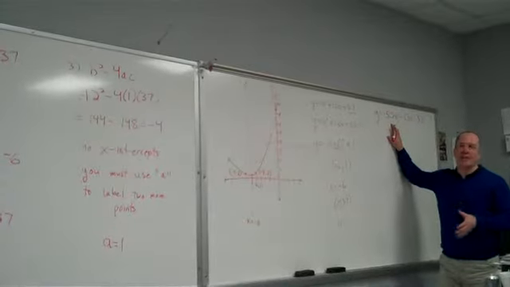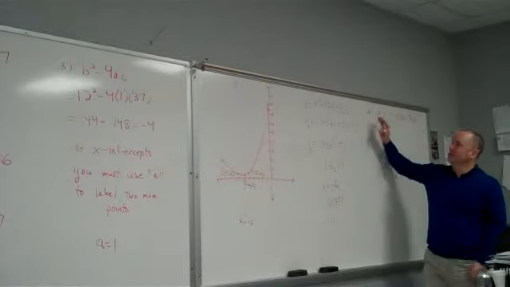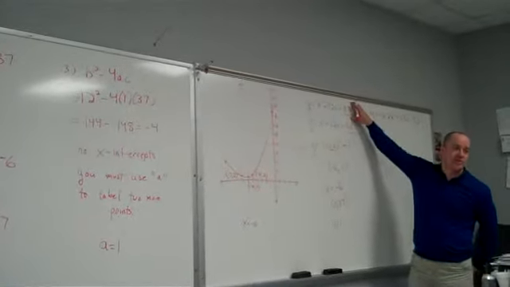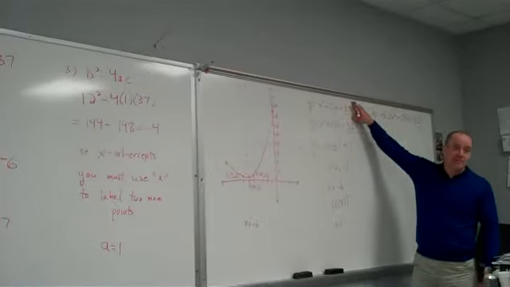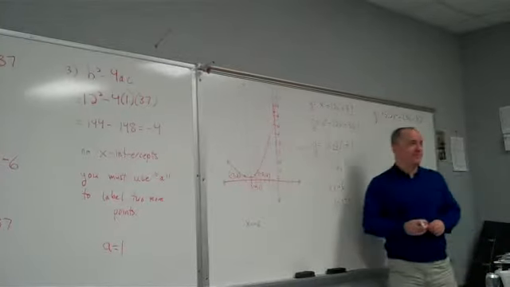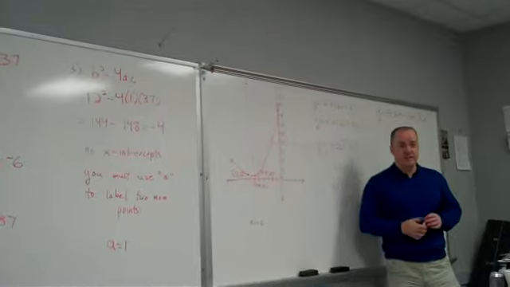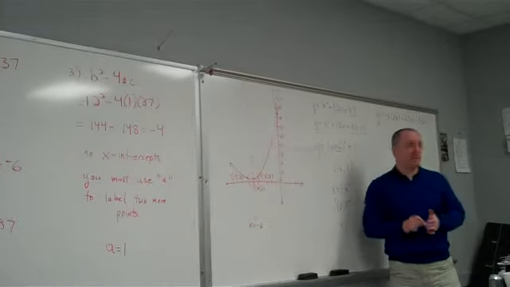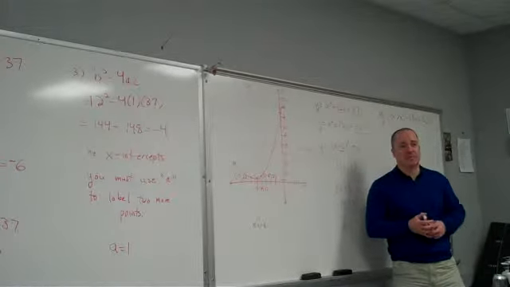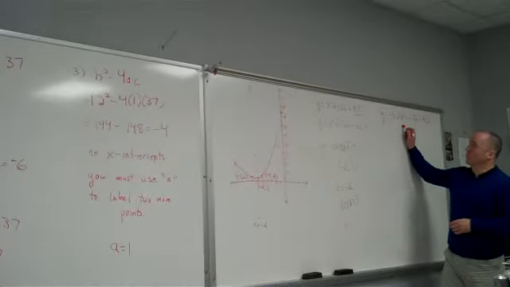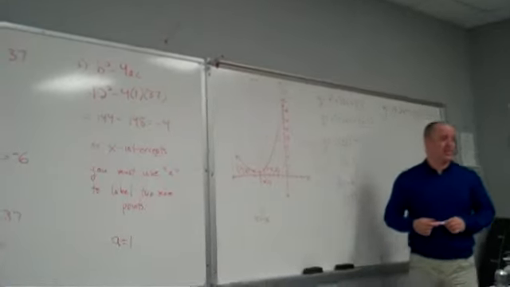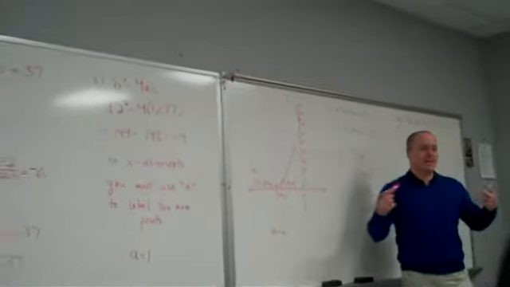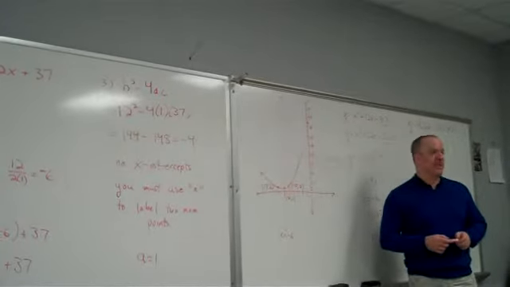Don't even try anything fancy with this. But if you get one that looks like it's almost in vertex form, go for it, if you remember it. Does that make sense? If you're lucky, and you were paying attention the last couple months, you will have less work than the people sitting next to you. If you are unlucky, or you haven't been paying attention for the last few weeks, then you get more work than the people sitting next to you.